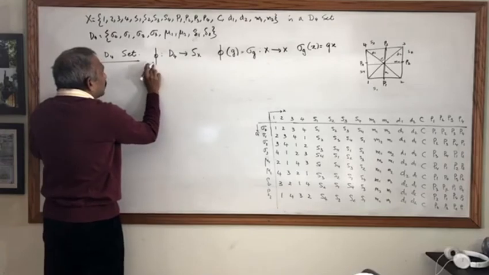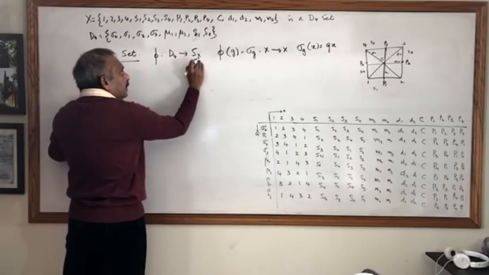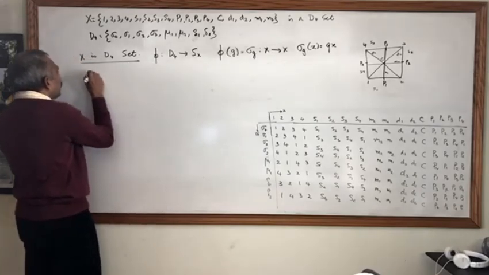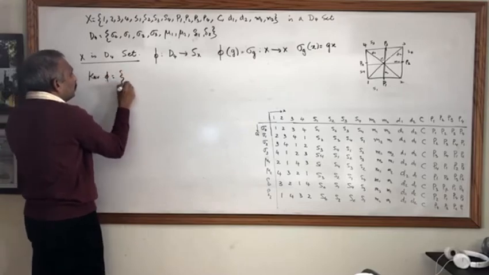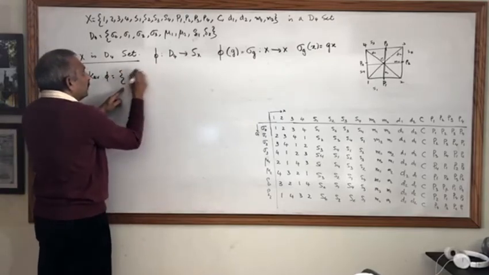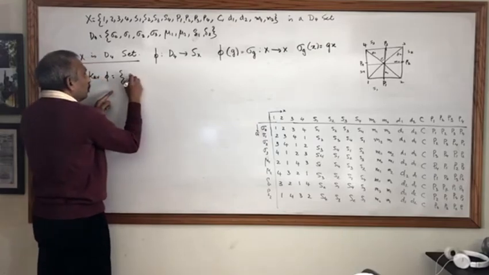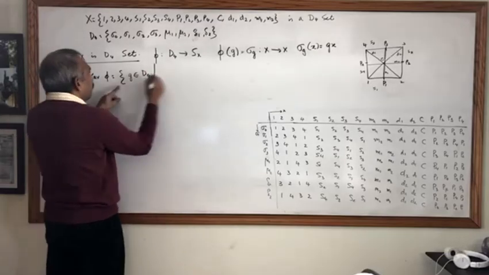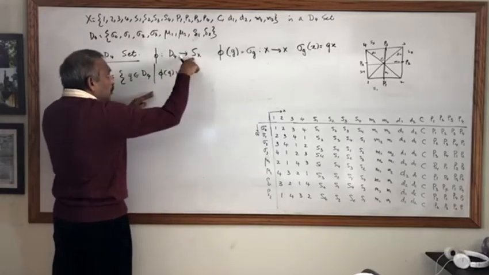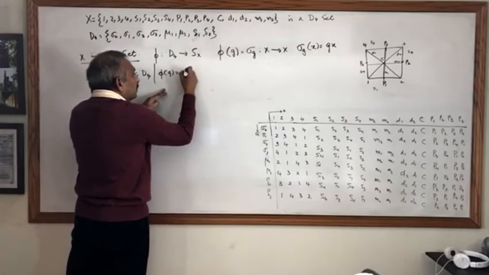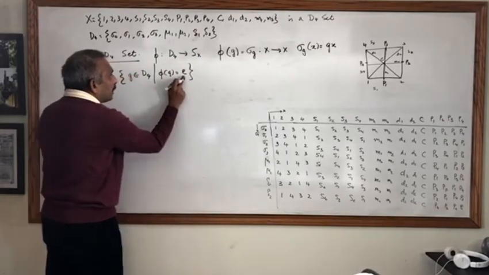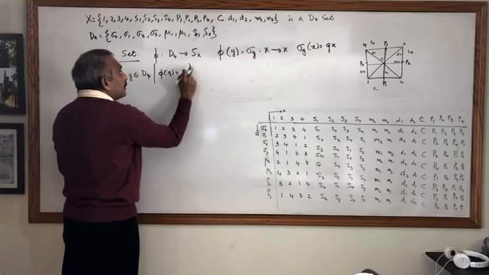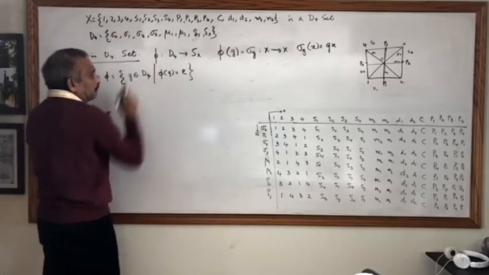And we need to show that this is one-to-one, or that the kernel is the identity. That is what we want to find out. So kernel of phi is equal to the elements G belonging to D4 such that phi of G is equal to the identity of Sx. Identity of Sx means the permutation that keeps the element as it is.